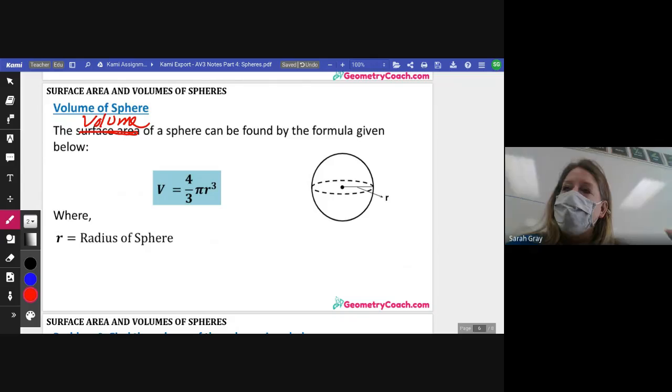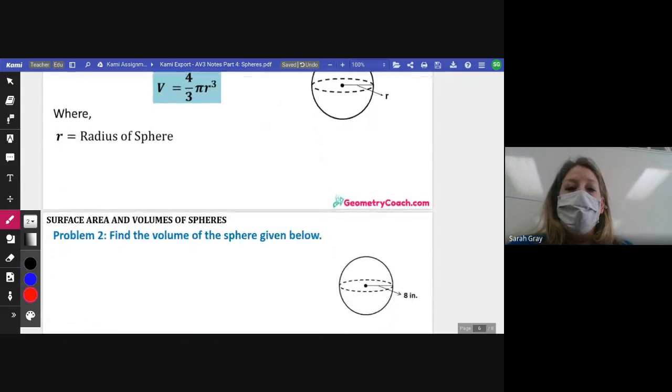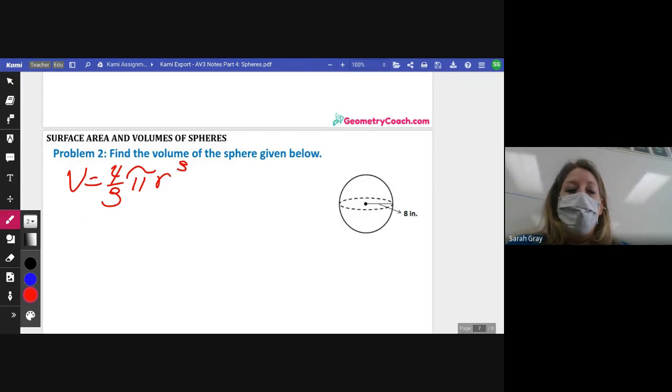Okay, when we did surface area, it was r squared. When we did volume, it's r cubed. Okay, volume equals 4/3 pi r cubed.